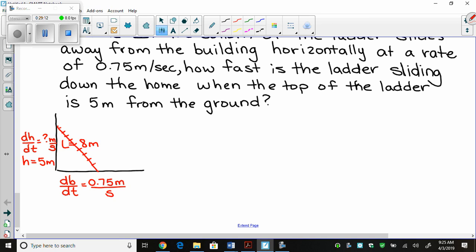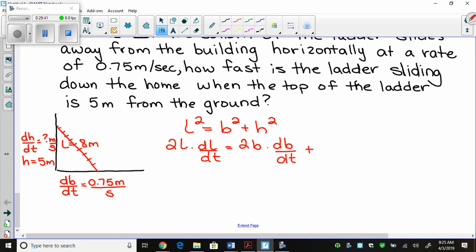So it's going to be L squared equals B squared plus H squared. And what do we always do with the formulas when we have related rates? Derive it. So we're going to get 2L times dL over dt equals 2B times dB over dt plus 2H times dH over dt.